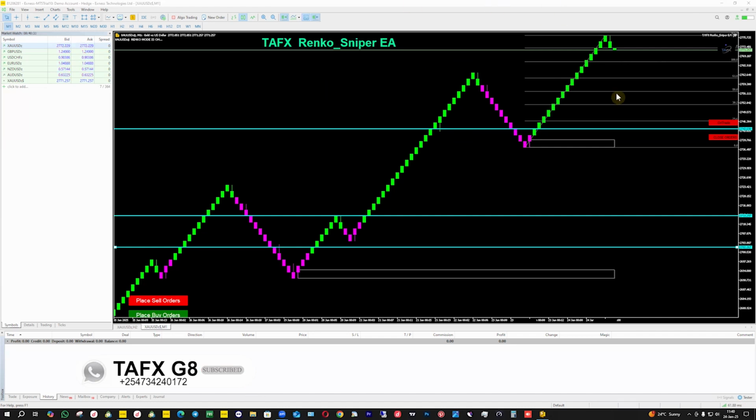So don't forget that. Even when working with our Renko EA, you don't panic or worry about anything, because the EA will take care of everything and will take care of every manipulation in the market. That's why we combine a lot of things in price action and also in SMC to make sure that we hit the target. We kill the market, man.